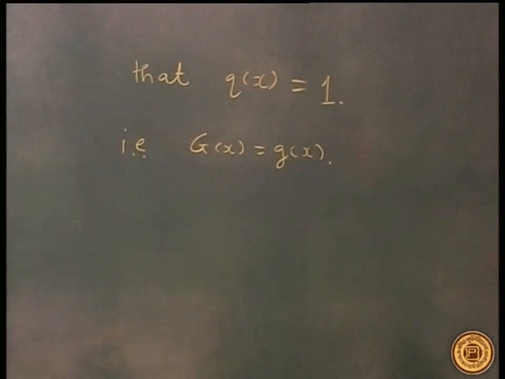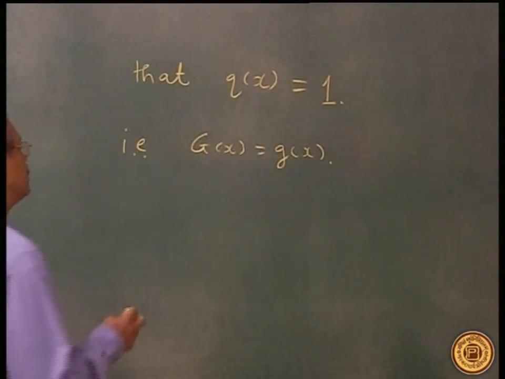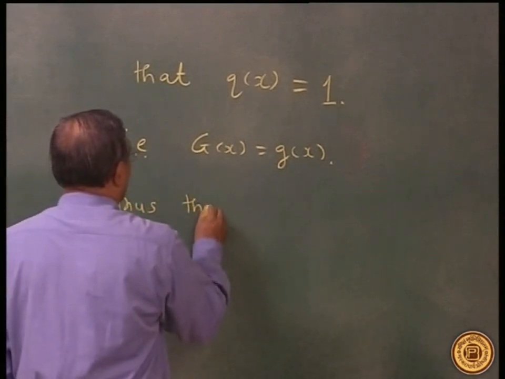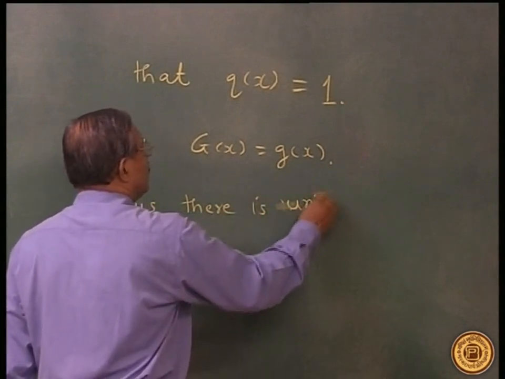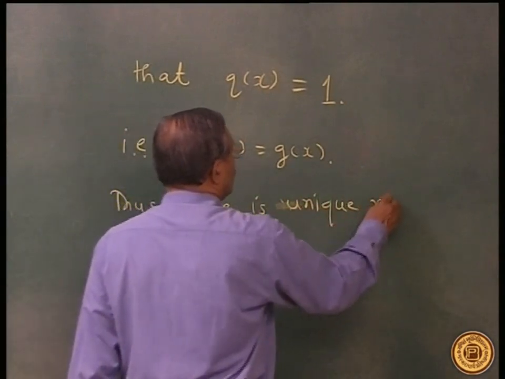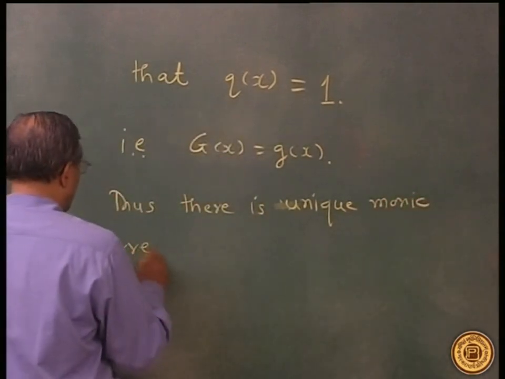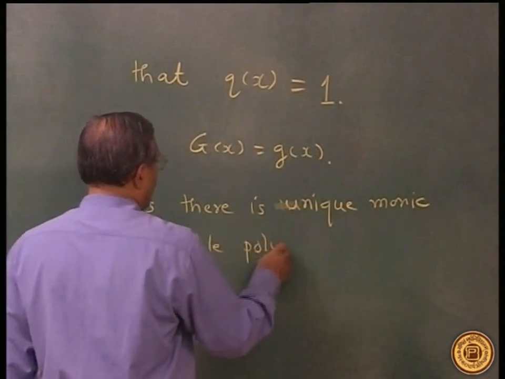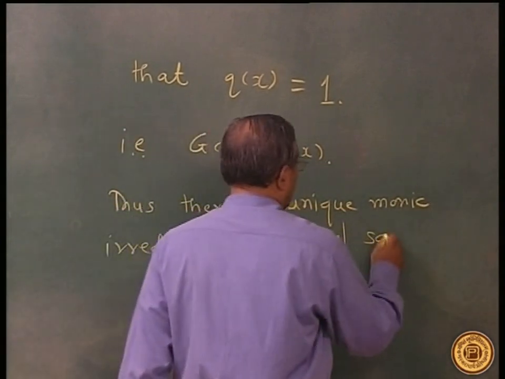This shows that there is a unique monic irreducible polynomial satisfied by alpha. Thus, there is a unique monic irreducible polynomial satisfied by alpha.